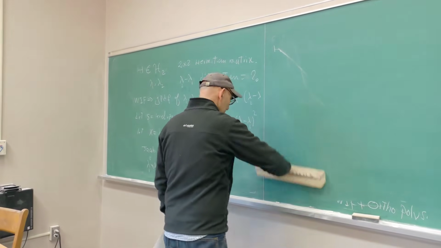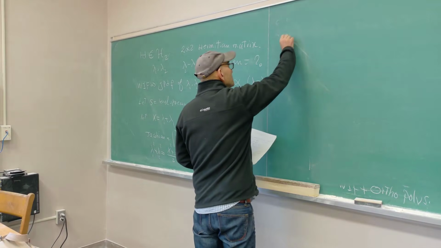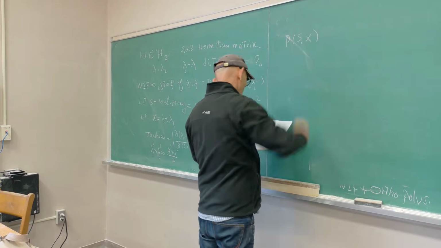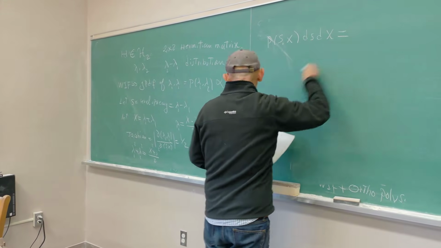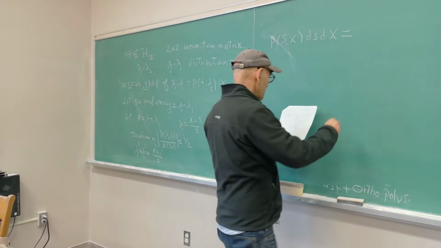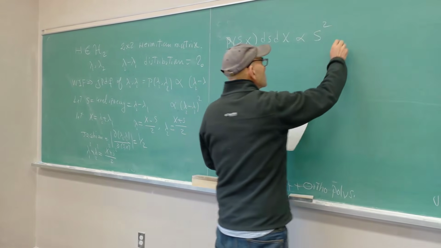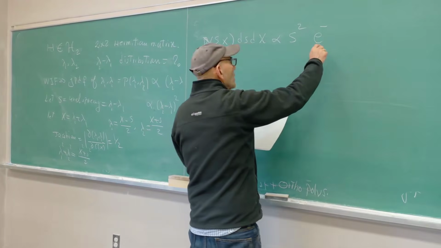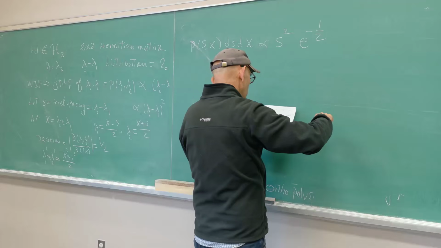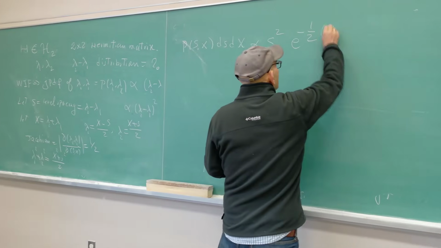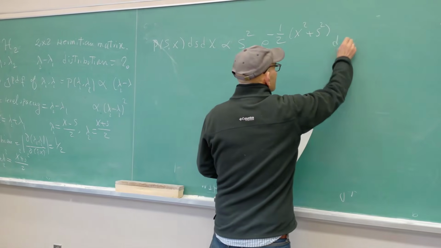Yeah, so let's finish the calculation. So we have got P(s,x) ds dx. If you do all these things, this essentially becomes a squared, exponential of minus 1/2 (x squared plus s squared) ds dx.